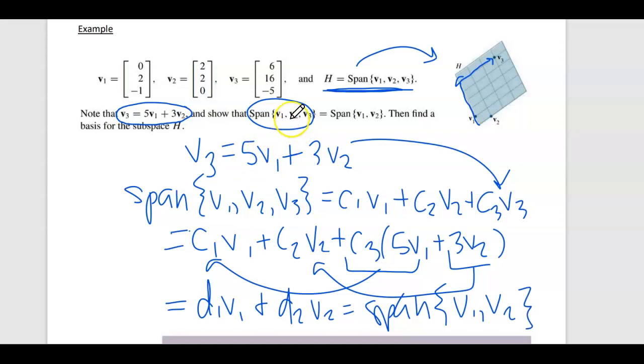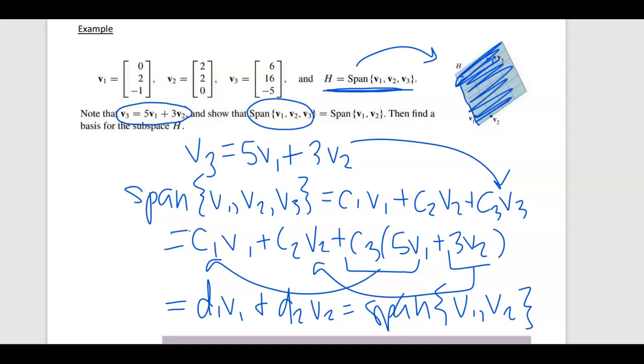Now the second part here is: is this a basis for the subspace H? Or, find a basis for the subspace H. Well, we need the basis to be linearly independent, so we're not going to include vector V3 since that is linearly dependent. So basically, H just has to be the span of V1 and V2 because that's what's going to end up giving us that entire plane.